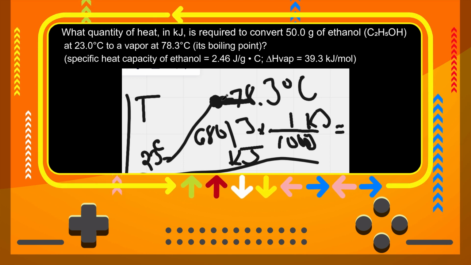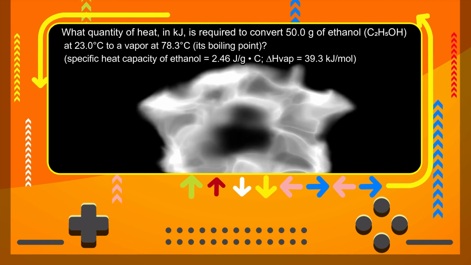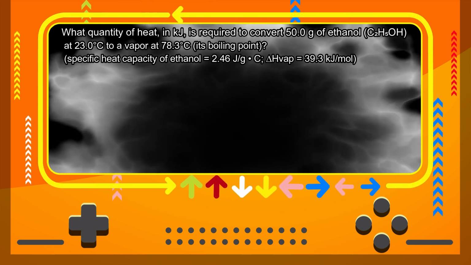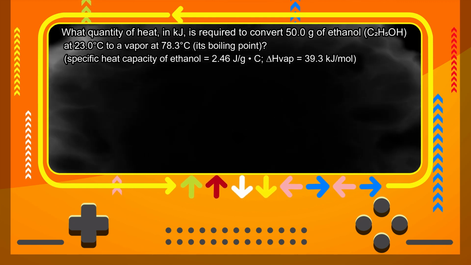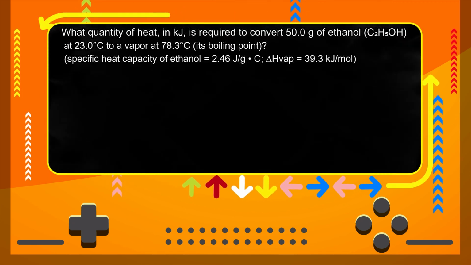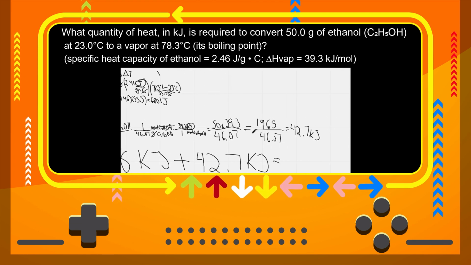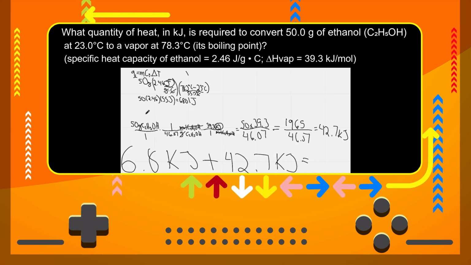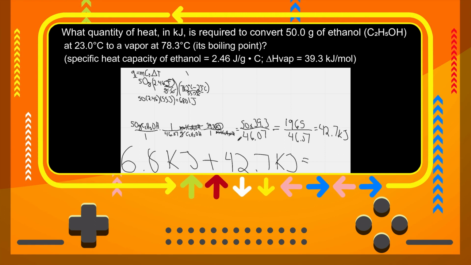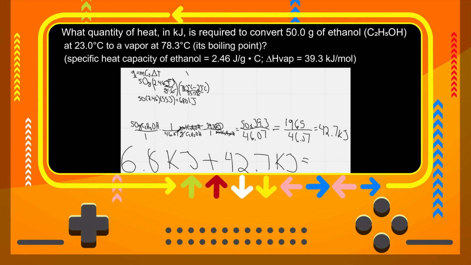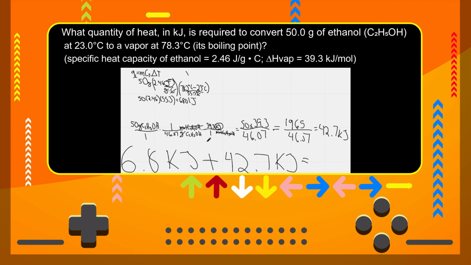Now, once we got up here to the actual boiling point, it takes some energy to actually convert it from liquid to gas. And because it takes some energy, that second step, let's go to that second step, required our enthalpy of what? Vaporization, which we see right here, okay? So once we get to the second step, enthalpy of vaporization, we had to use that when we convert it to the moles here.